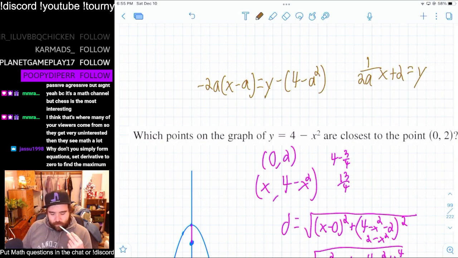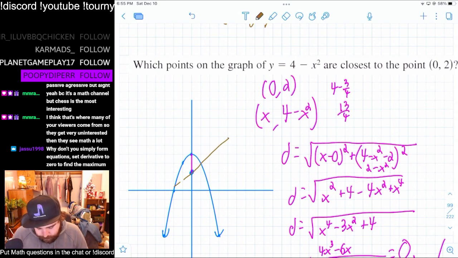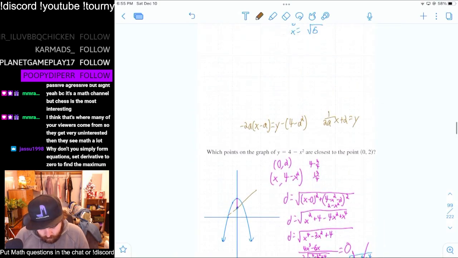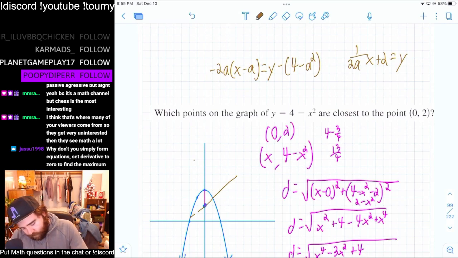Maybe I'm not sure how to do it this way. So I'm trying to write the equation of this line, and then write the equation of this line.